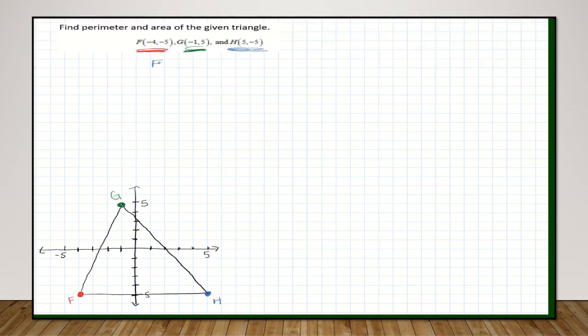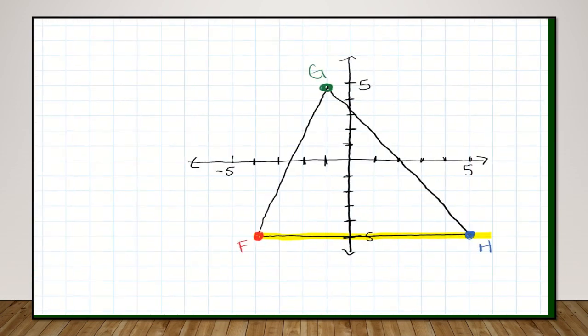Okay, so to find the perimeter, we need to find the length of all 3 sides because the perimeter is around the shape. So I need the length of these 3 sides. As mentioned, we can get some information from the actual diagram, and the information that we can get is the length of FH.